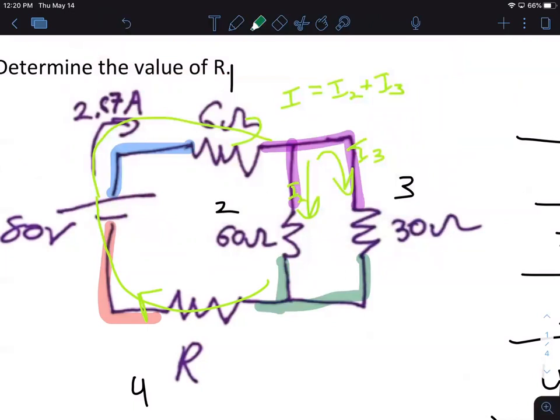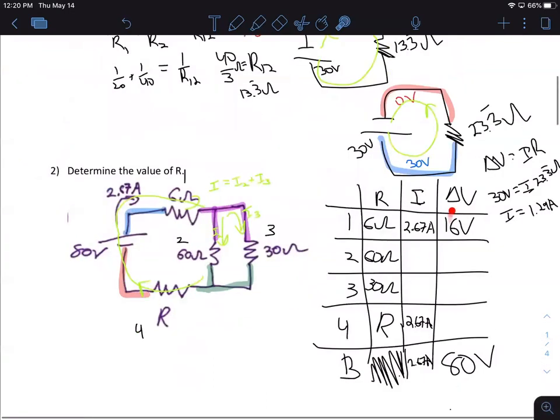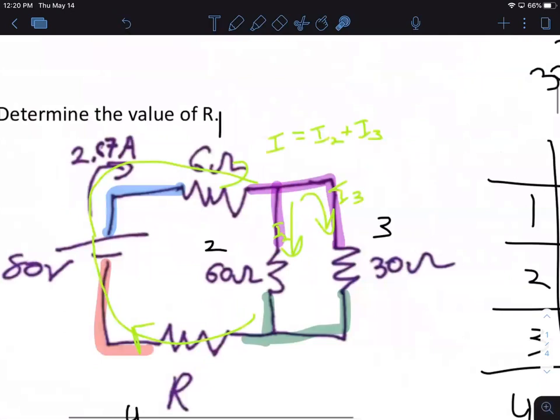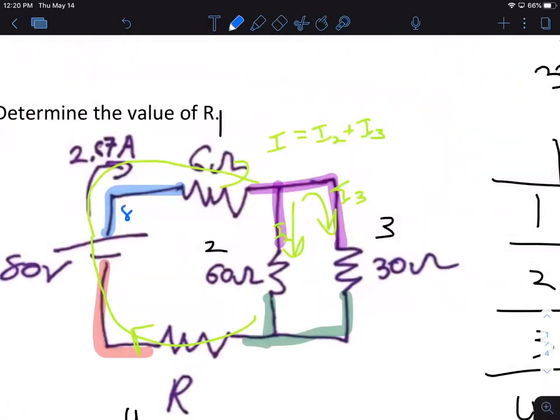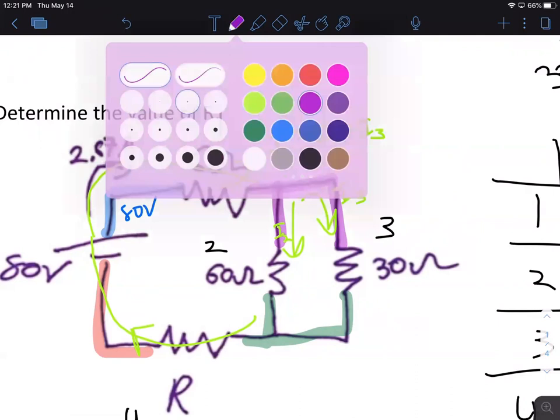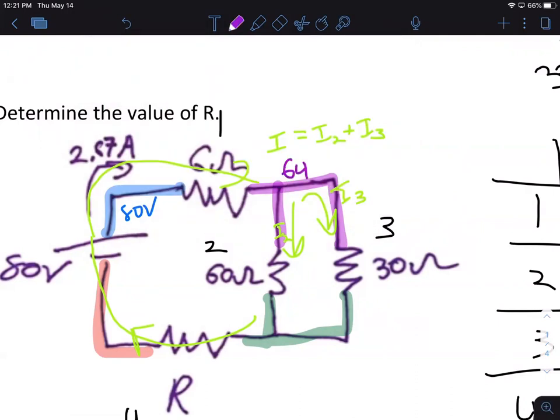We just found out this change was 16 volts, according to our table. So if before I had 80 volts, and I changed by 16, I'm down to 64 volts afterwards.